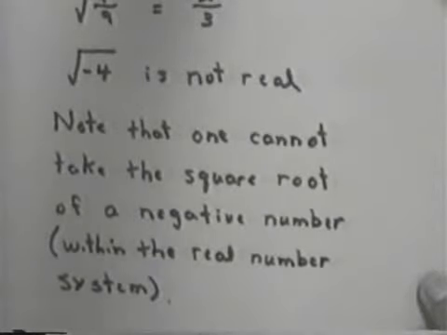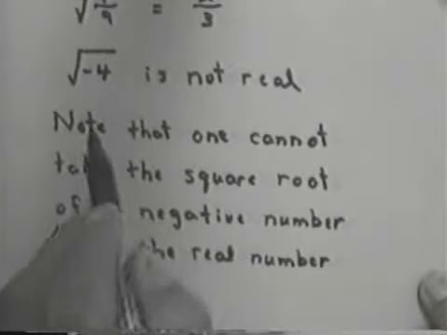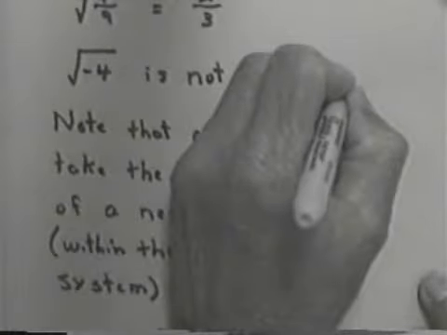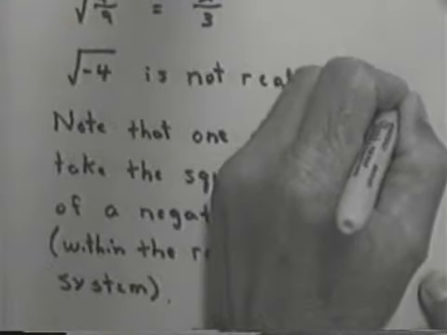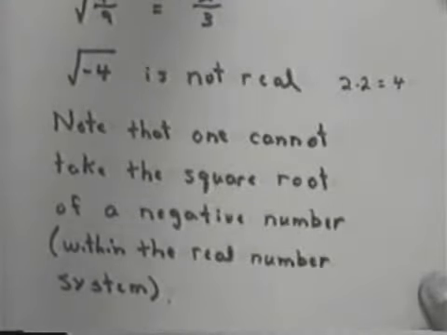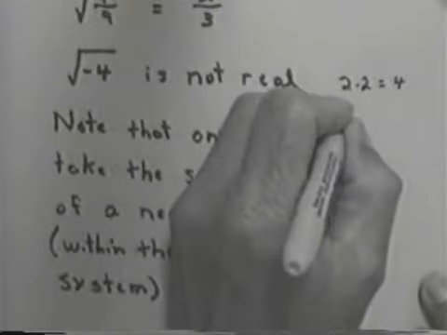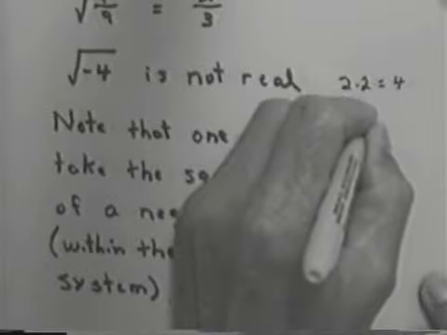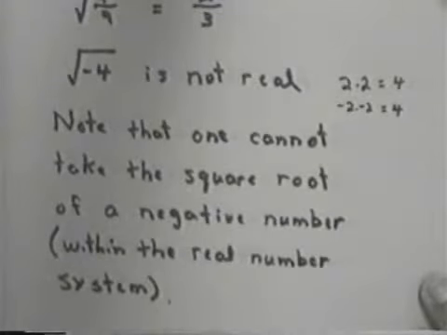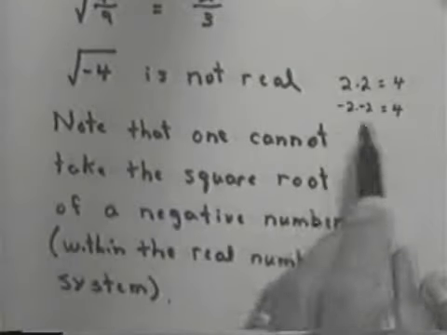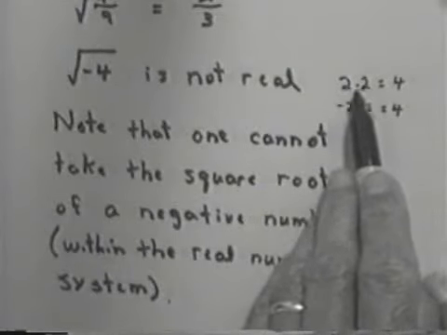Now why is that? Well, you might say, let's try 2. If I multiply a positive 2 times a positive 2, I get a positive 4. We might guess that the square root of negative 4 is negative 2. But if I multiply negative 2 times negative 2, I also get a positive 4. Now if you multiply two numbers that are equal together, they obviously have the same sign.